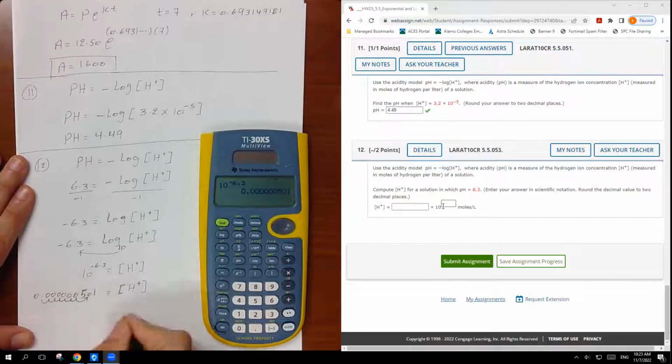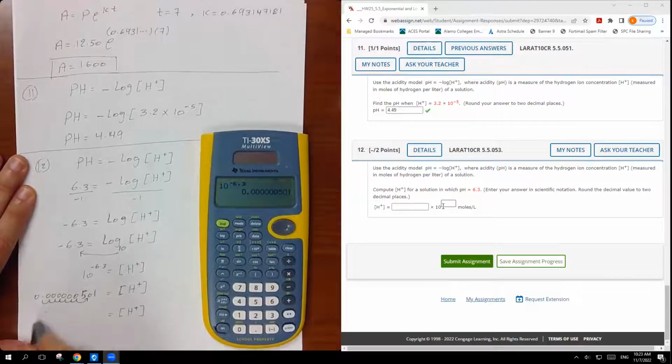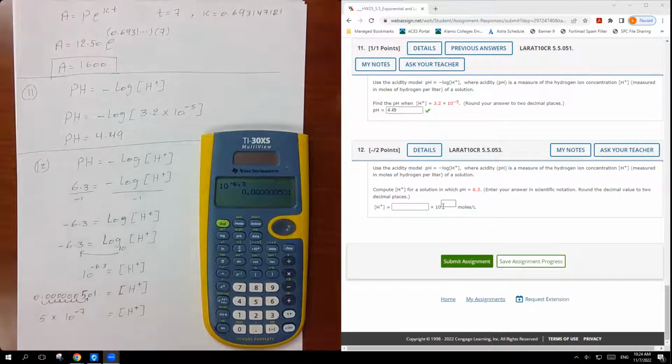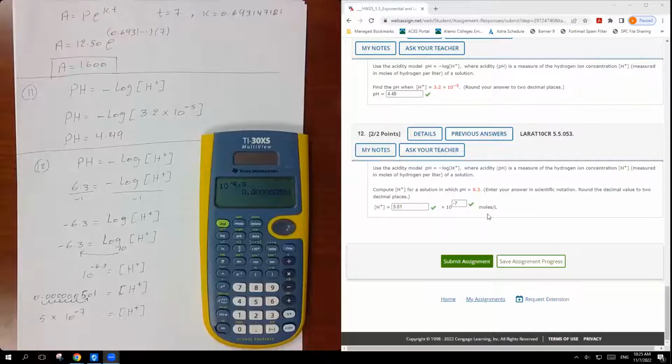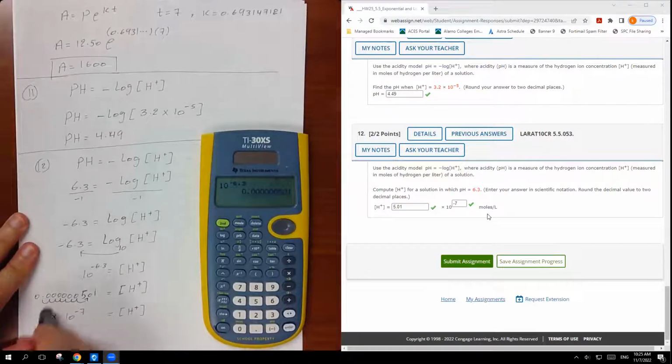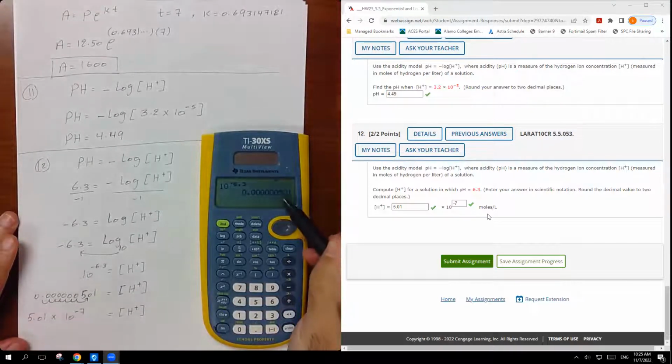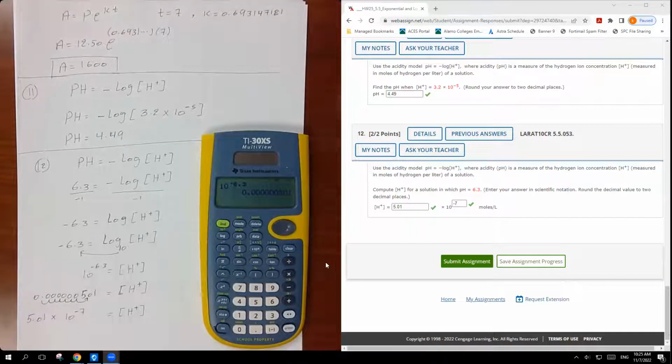So H plus is going to be 5 times 10 to the negative 7. That's it for this example. And here's the thing, I forgot the 0, 1, because they ask you to round to 2 decimal places. So 5.01, because I moved the decimal until here, so the left is 0, 1. That's it for this section.